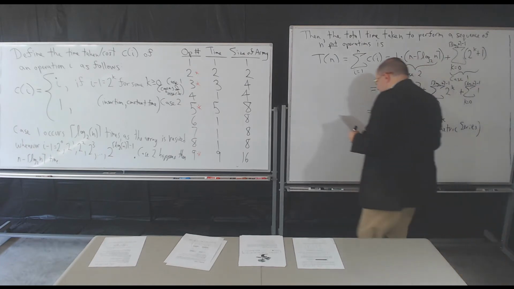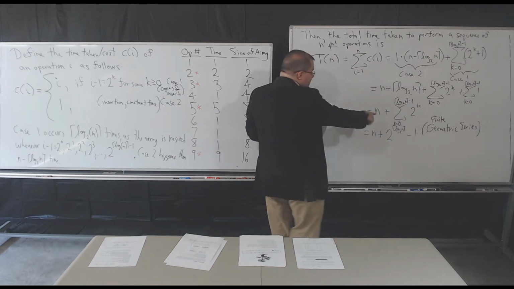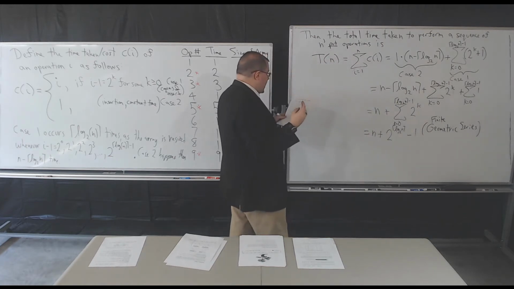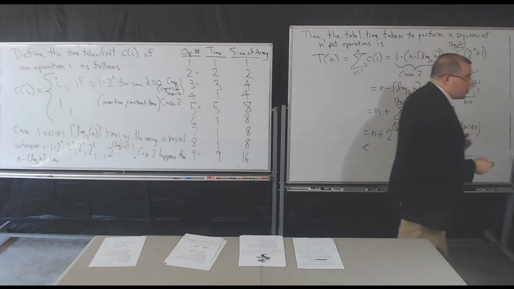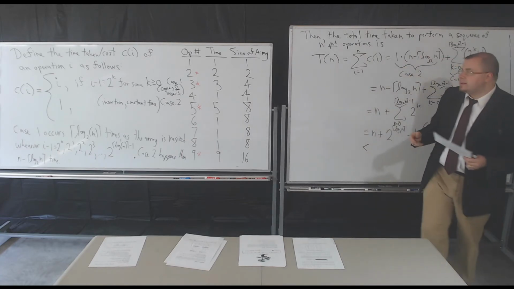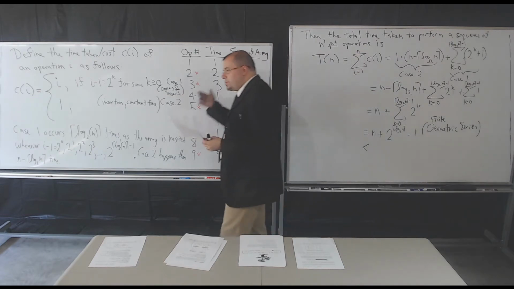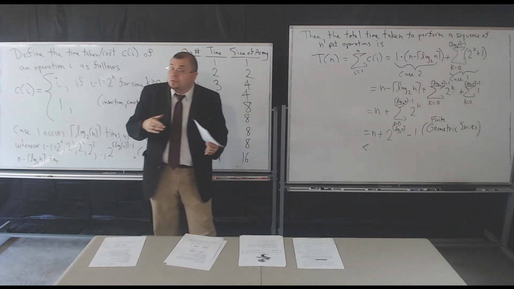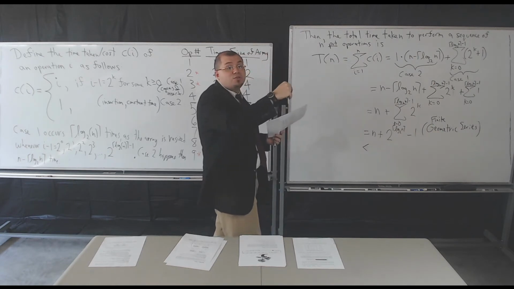And what do we do with this? Okay, so I should mention that that's the ceiling of log base 2 of n. Now what I'm going to do is bound this in a careful way. You would agree with me that if I take log base 2 of n and round it up, it should be less than or equal to log base 2 of n without the rounding up plus 1, right?